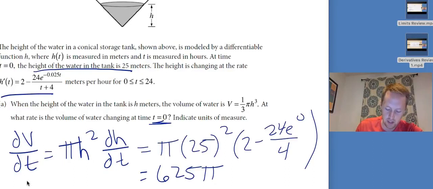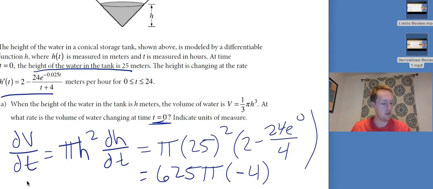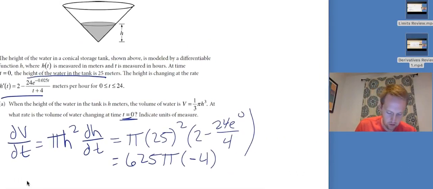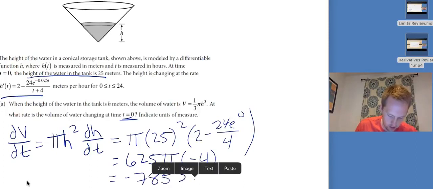So that's 2 minus 6, so negative 4. And at this point, I'm going to my calculator. Please don't be disappointed in me. And that's equal to negative 7,853.98.